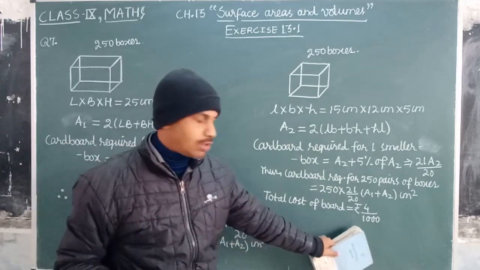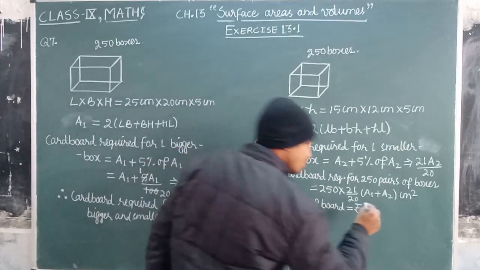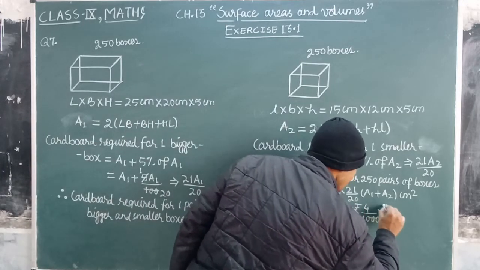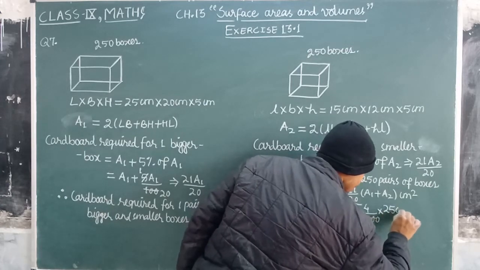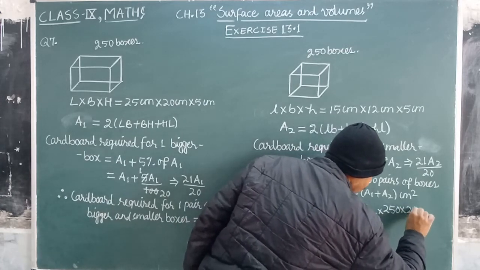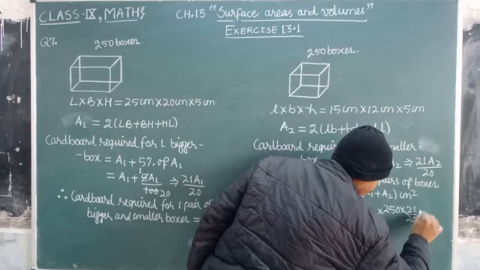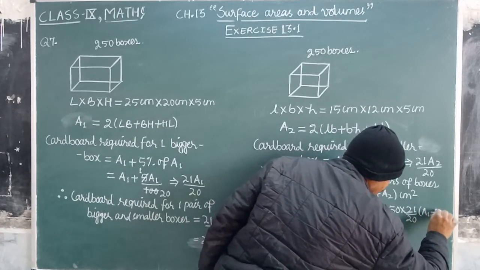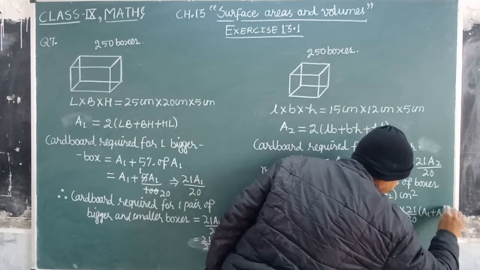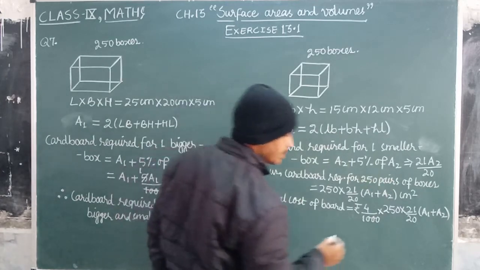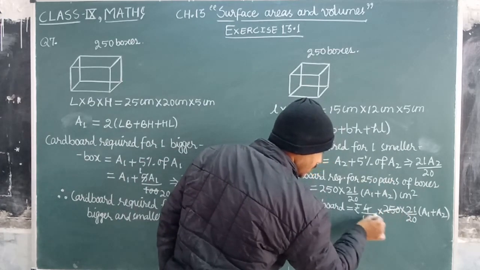That's the unit cost. This unit cost we have to multiply by the total square centimeter of the cardboard. Let's simplify this. 250 fours are 1000.